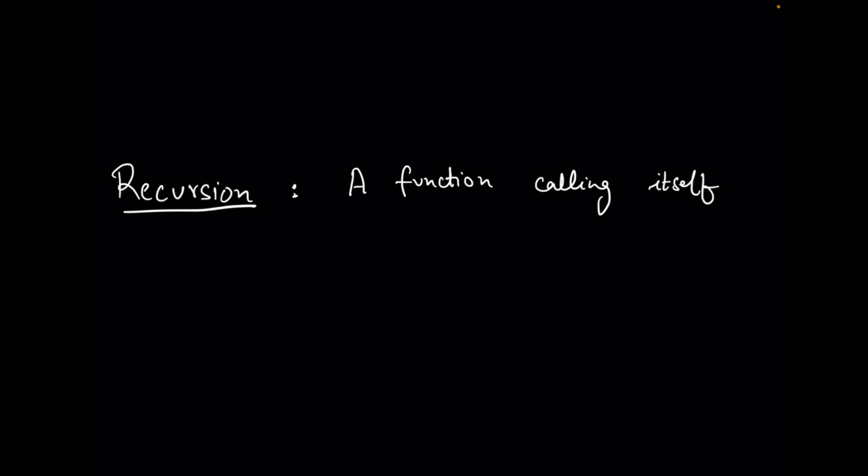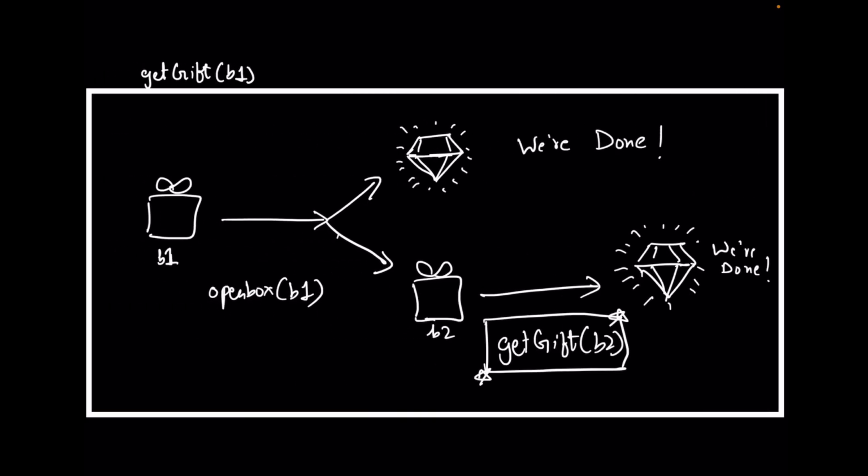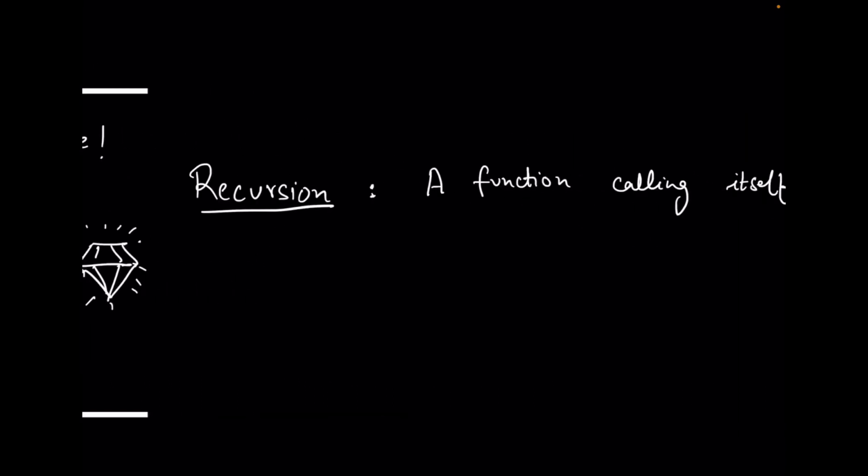Actually, to be more precise, it's a function calling itself, usually with a smaller input. This smaller input refers to the size of the input, right? For example, in the problem that we had, this box B2 is going to be a smaller box in size than B1, and eventually, if you keep opening these boxes, you'll reach your gift, right?